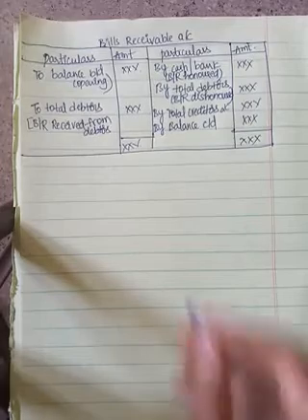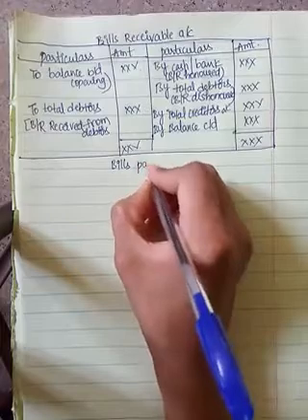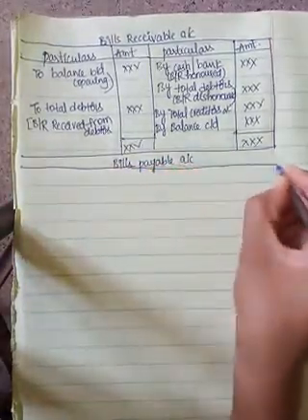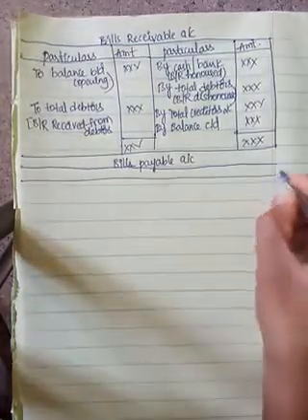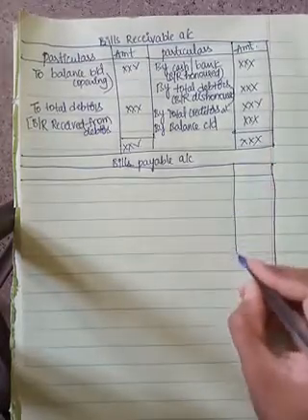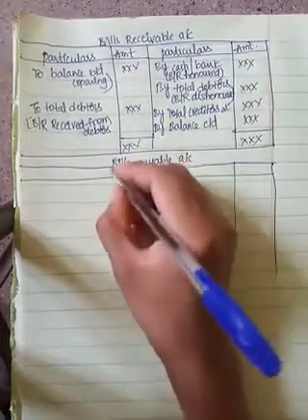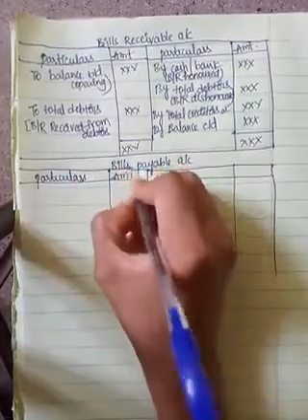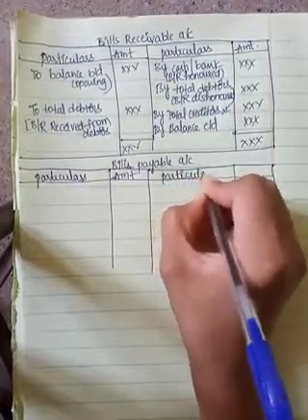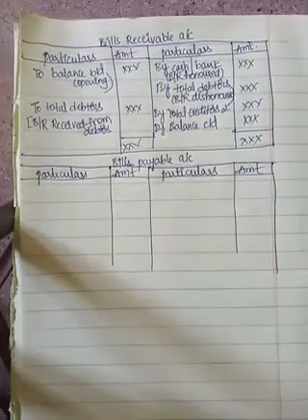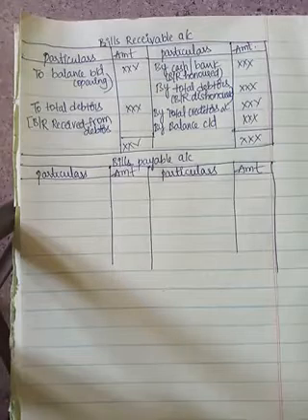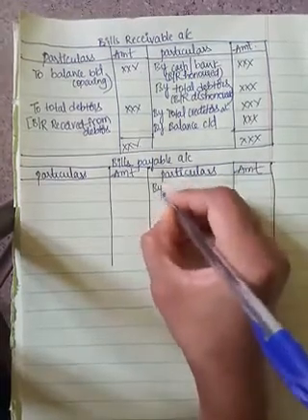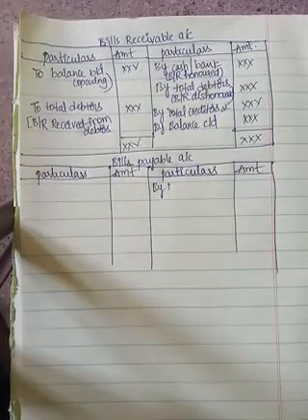Next is the bills payable account. Here bills payable is a liability and bills receivable is an asset.